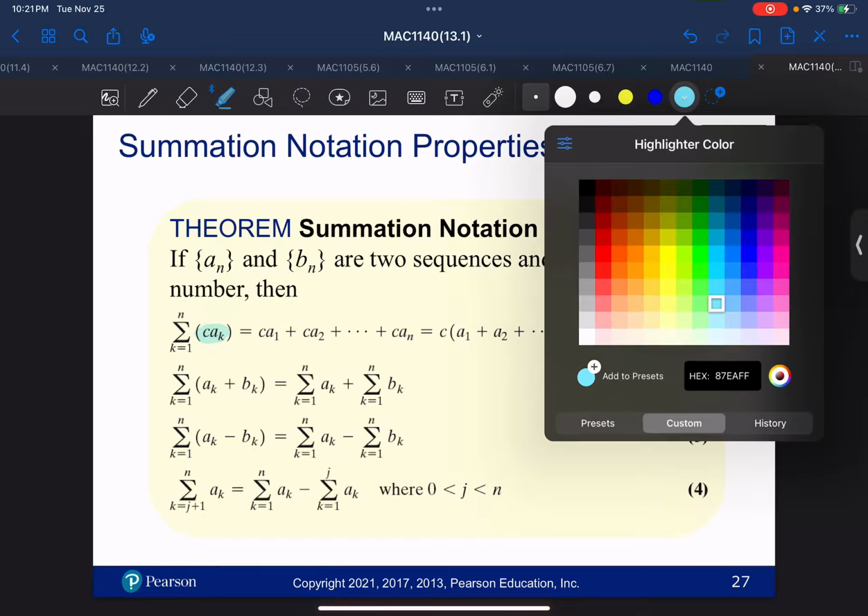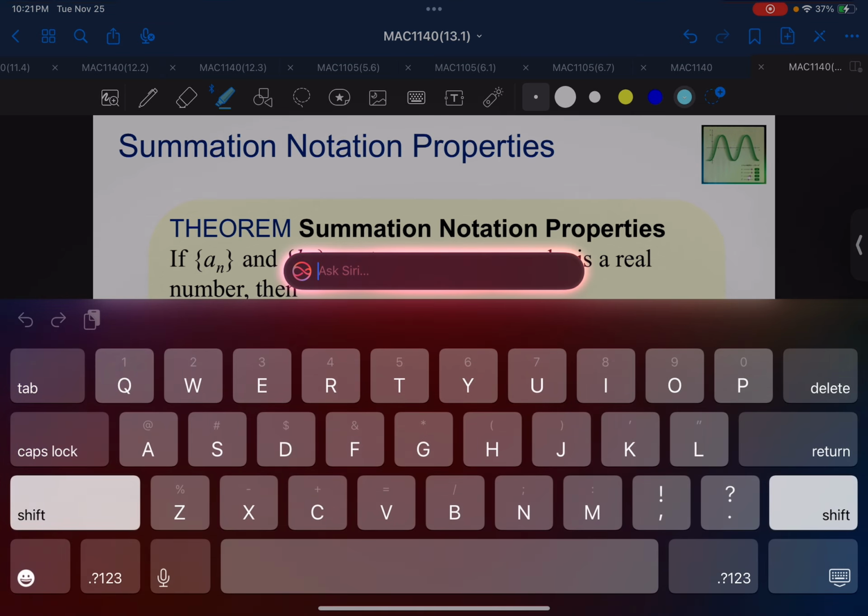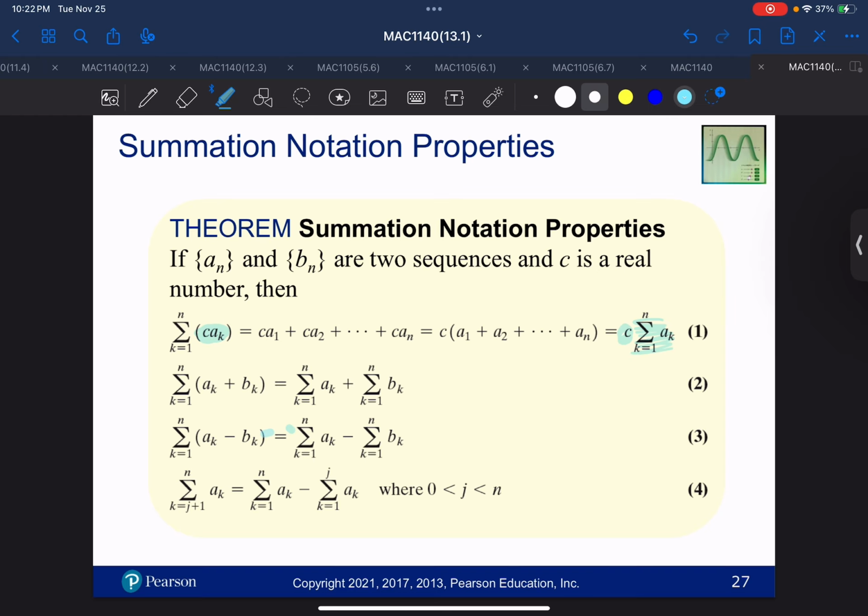And then the next one says that if I have the summation of a sub k plus b sub k, that I can break this up into the summation of a sub k plus the summation of b sub k. Okay.